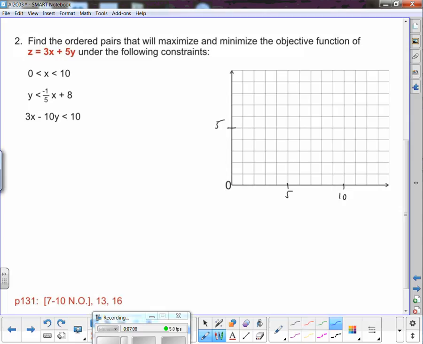Okay, the first situation that we're going to deal with is, and I'll use black, 0 is less than x is less than 10. All right, so what is this telling us? Think about what we've done already this year. Think about what's written there, and tell me, what is this constraining us to?